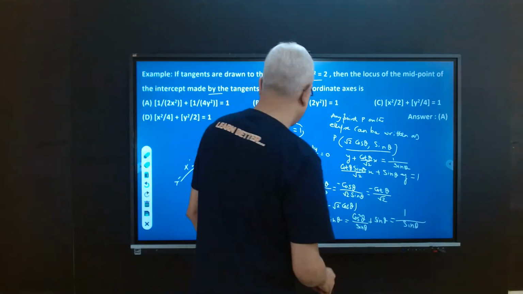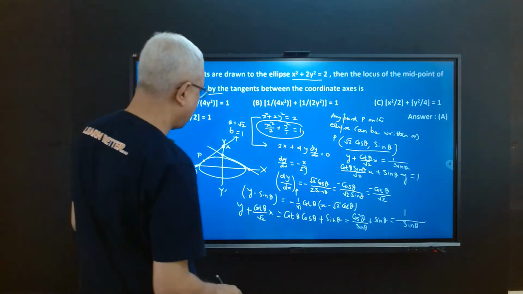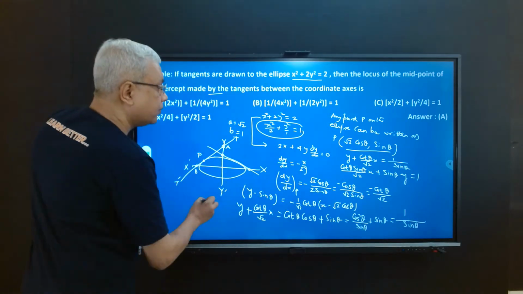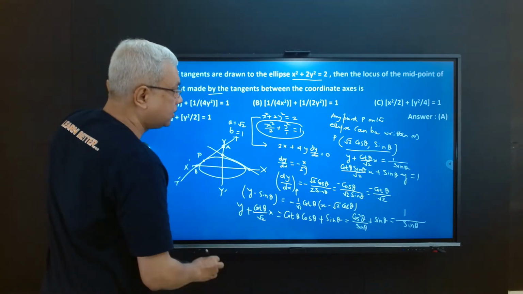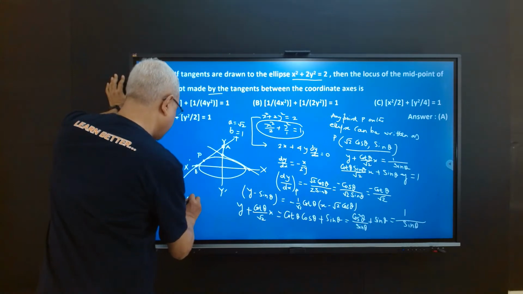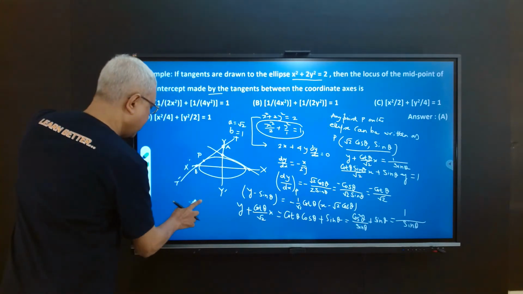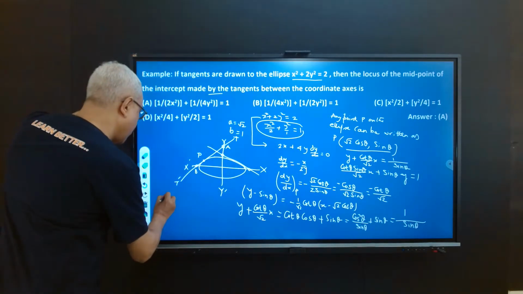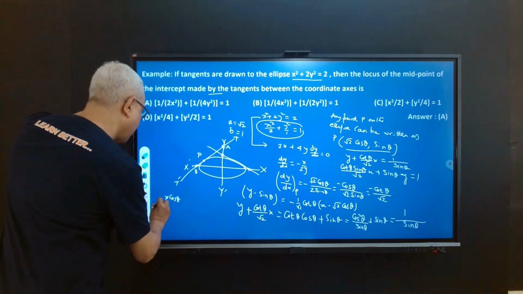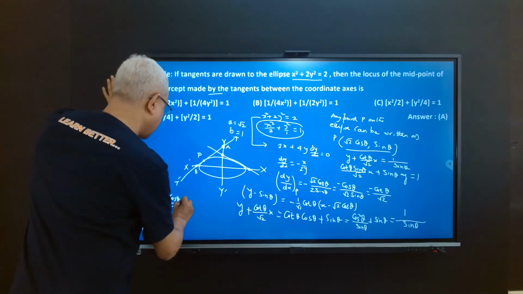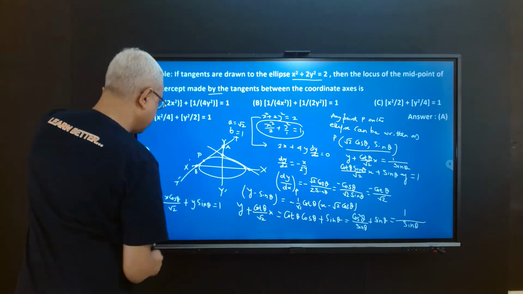So I can write from there. It is actually x cos theta, since cot theta into sin theta is cos theta. So it is x cos theta by root 2 plus y sin theta equal to 1.